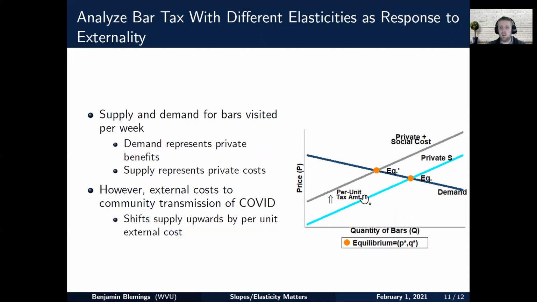And so what we say is that there's a negative externality to going to bars when there's community transmission of COVID going along. And so actually, the private plus the social cost is higher than just the private, because you're imposing costs not just on bars who have to produce the bars, but also, say, on hospitals or health clinics or whatever.